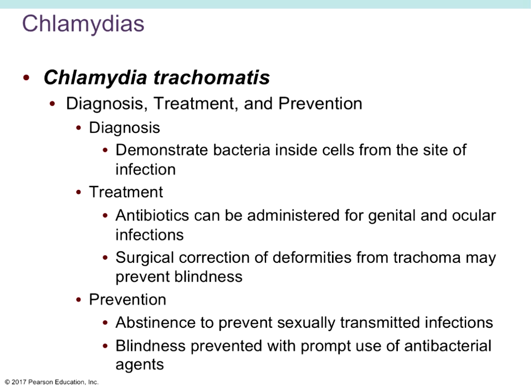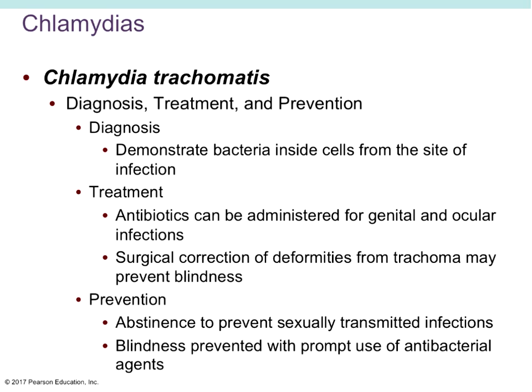So diagnosis, prevention, and treatment. For diagnosis, we have to actually see the bacteria inside the cells. And if we do see that, we prescribe doxycycline and erythromycin to eliminate the genital infections.